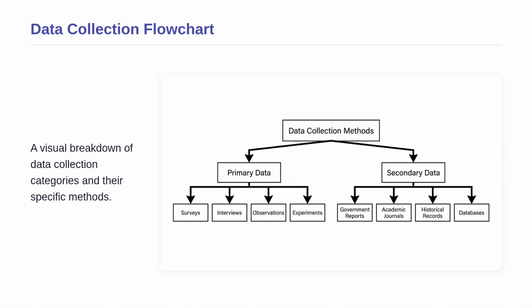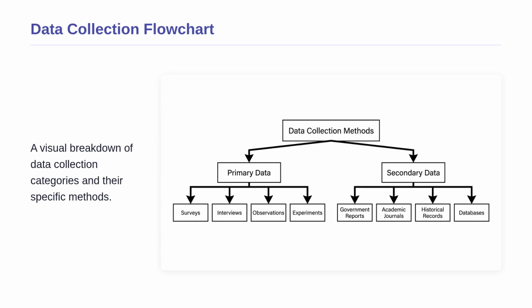Building on those definitions, let us visualize this structure through a flowchart. At the very top, we have our main subject: data collection methods. Notice how it splits into two distinct branches. On the left, the primary data branch breaks down into active methods, where the researcher is directly involved: surveys, interviews, observations, and experiments.